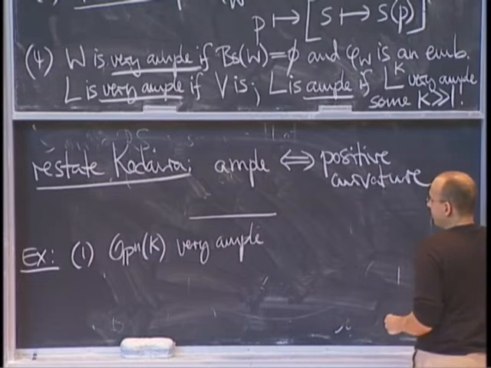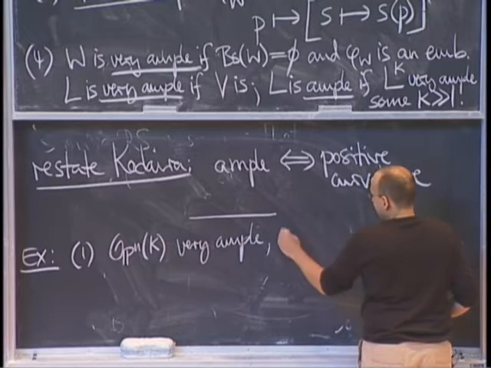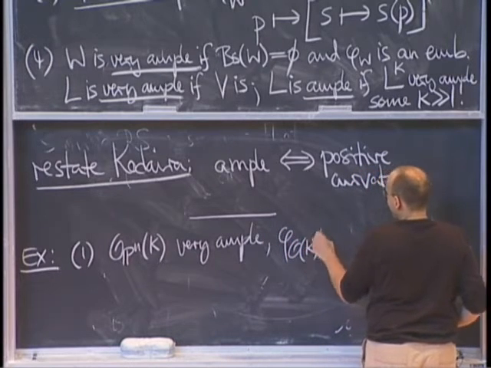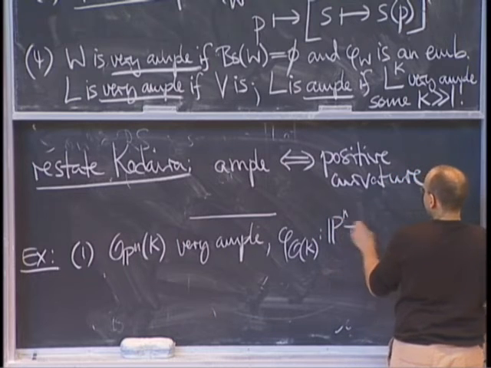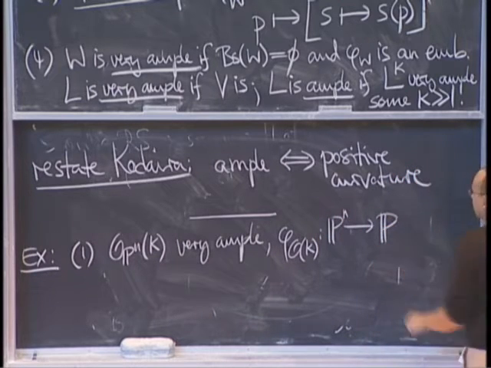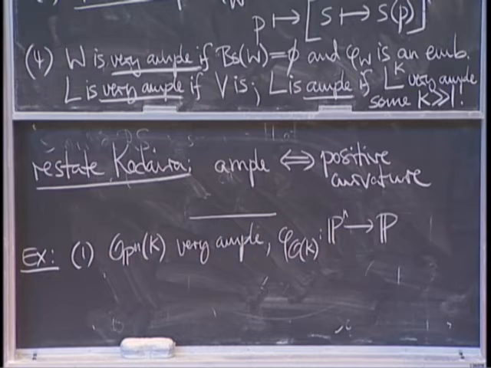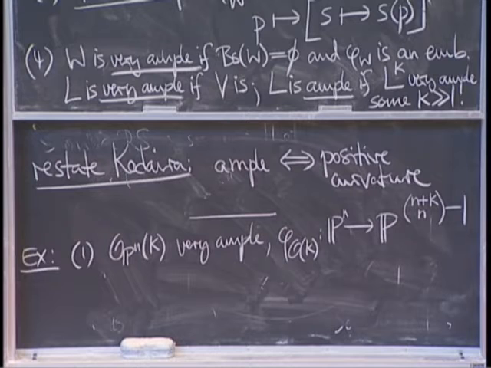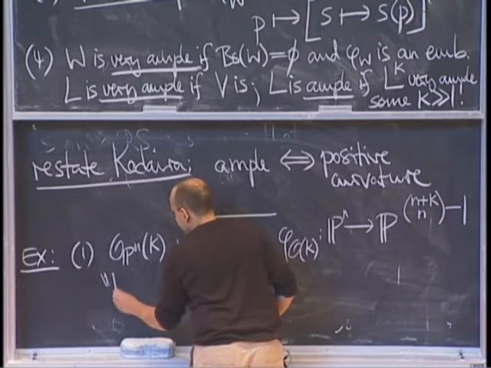And the associated map, the Kodaira map, goes from P^n to, so basically you're using all degree k homogeneous polynomials in order to embed your space. I think the right dimension is (n+k choose n) minus 1. It's called the Veronese embedding of projective space.